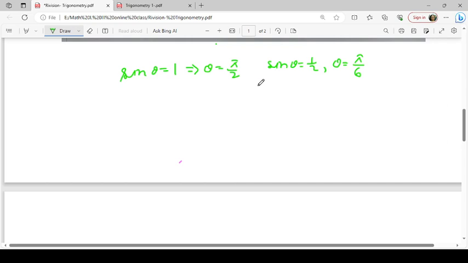And what about this sine of, say, so when we say about angle, this is pi by 6, 30 degree. So this is the point. So angle, this may vary from this to this.